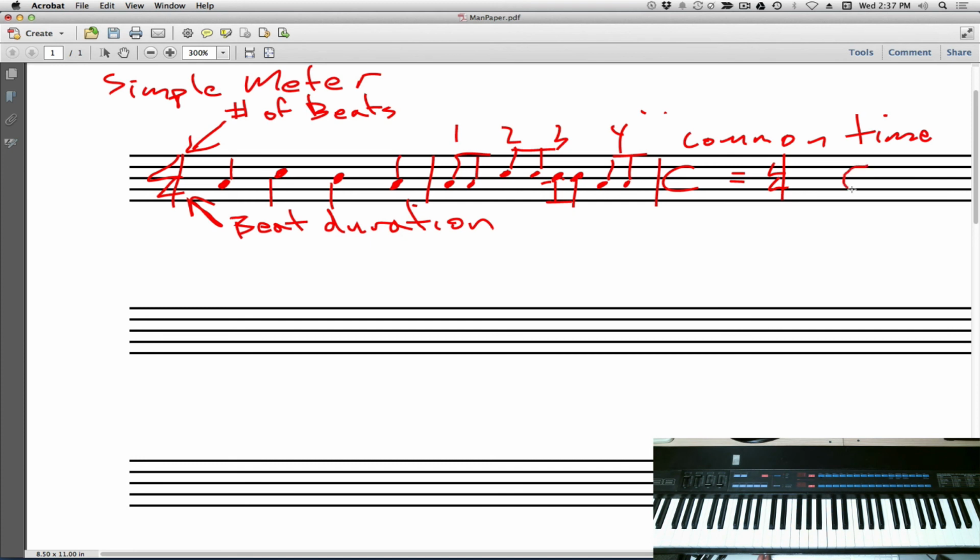Sometimes you see it like this, and that means cut time. Cut time is like 4/4, except it just goes twice as fast, and that actually equals 2/2. So if it's a simple meter, 2, the top number, means 2 beats in the measure, right? And the bottom, if we look at that as a fraction, half note gets a beat.